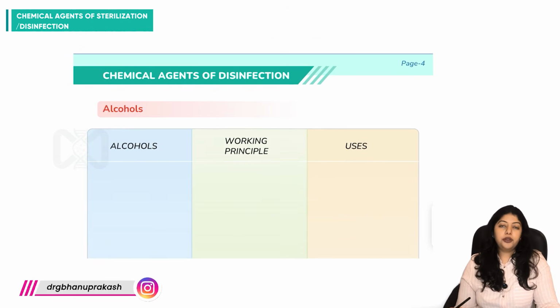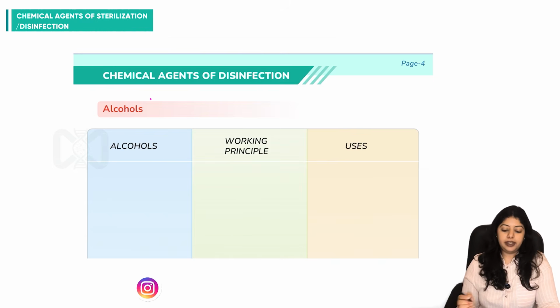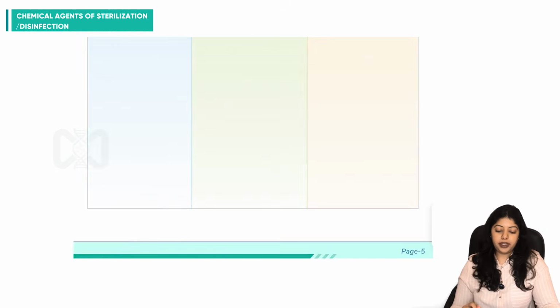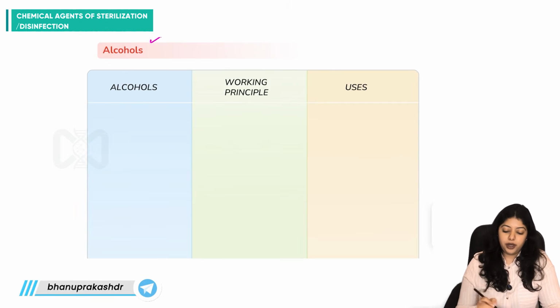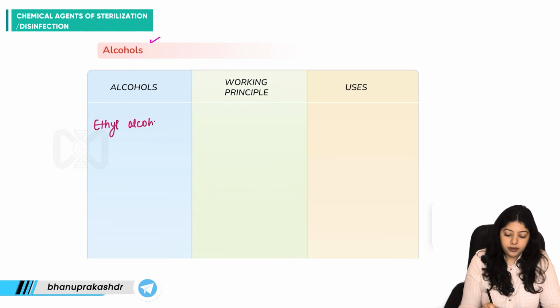Now moving on to the first category, that is the alcohols. We have already discussed that we have two important agents, that are ethyl alcohol and isopropyl alcohol.